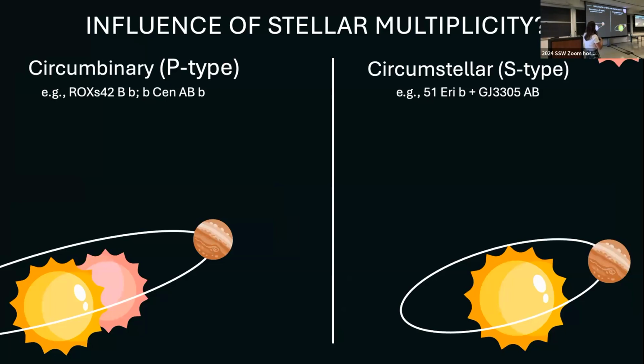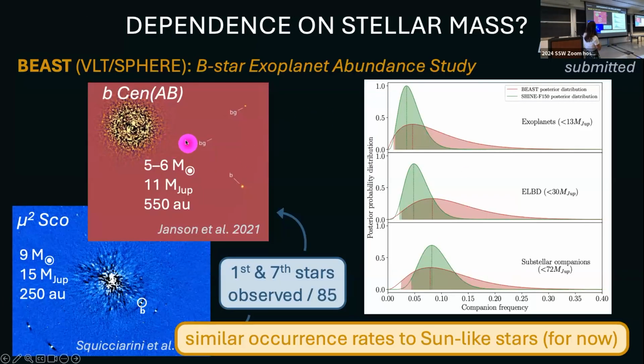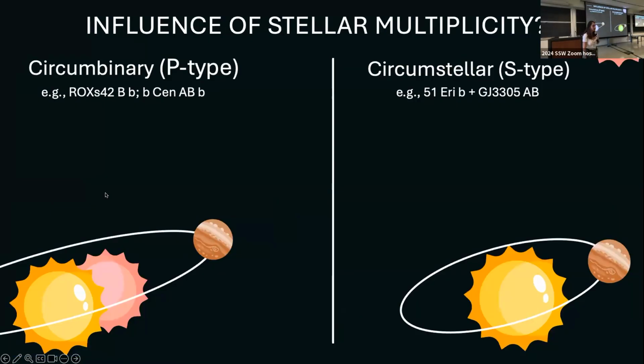Okay, just to go back one second. You may have noticed that in this system here, the inner star is actually a binary. And that's not the only system that we know in direct imaging. There are a few examples of directly imaged systems that have been uncovered in binary systems. There are two main classes of planets in binaries that we can have.